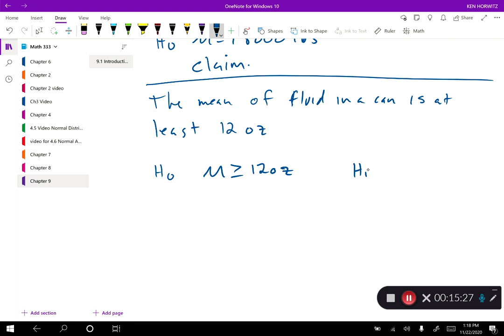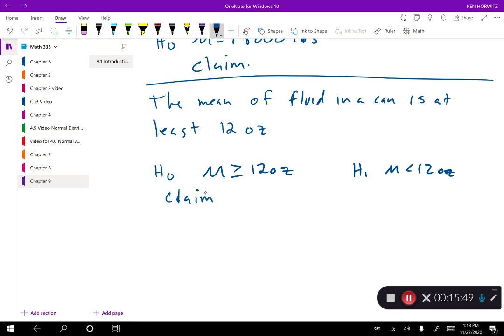My H1 is the opposite, which means that mu is less than 12 ounces. And that would be bad, because if I bought Diet Coke and I got less than 12 ounces in my can, I would not like it one bit, and we'll label H0 as our claim.